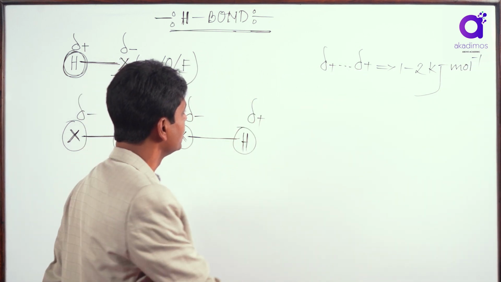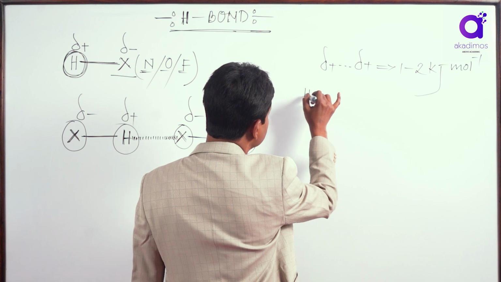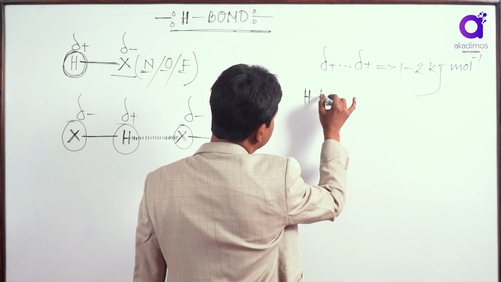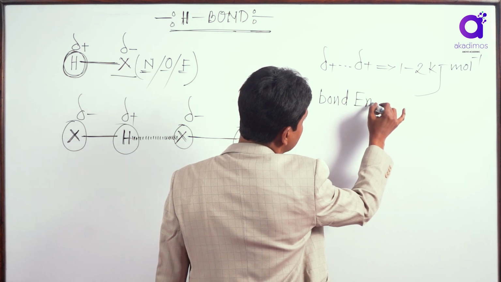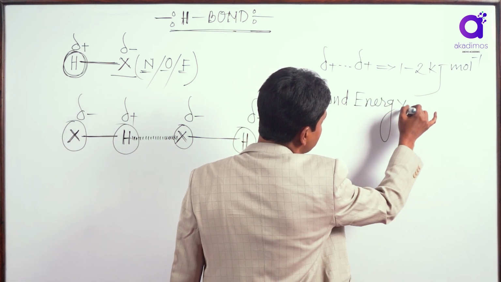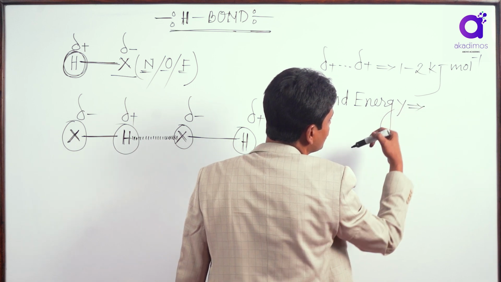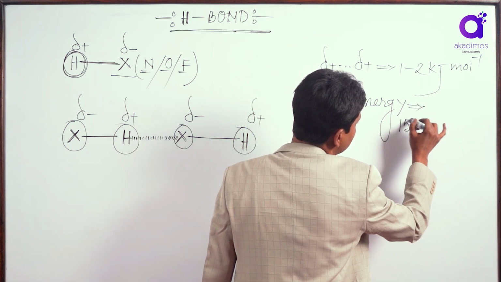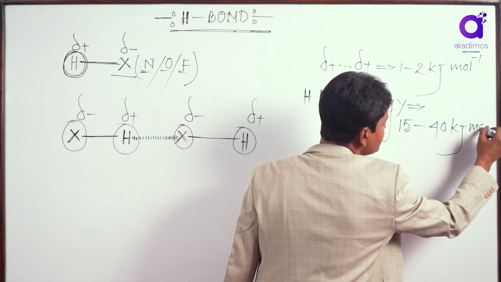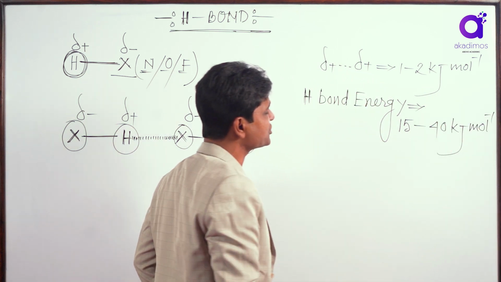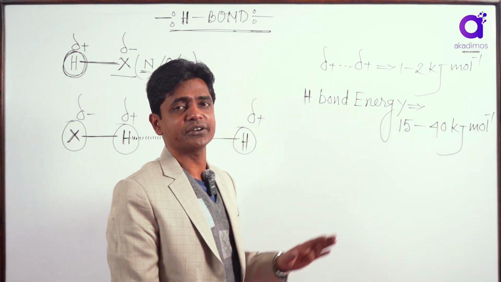Whereas you know, when X equals nitrogen, oxygen or fluorine, then hydrogen bond energy is near about 15 to 40 kilojoule per mole. Remember this. It's much greater than dipole-dipole attraction.